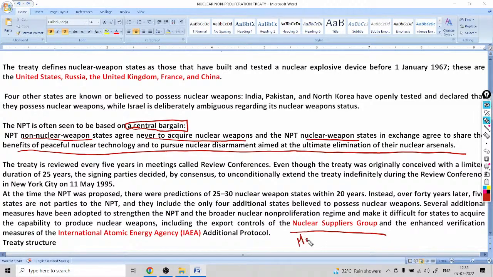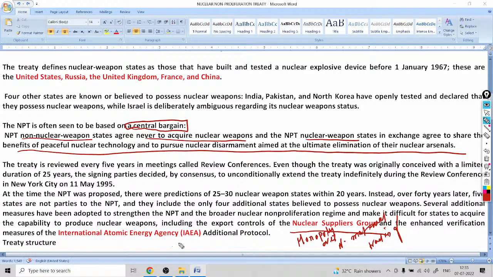So NSG has a monopoly over nuclear material trading. Fine. So they have been legally accepted as a cartel who deal with nuclear materials and technology.